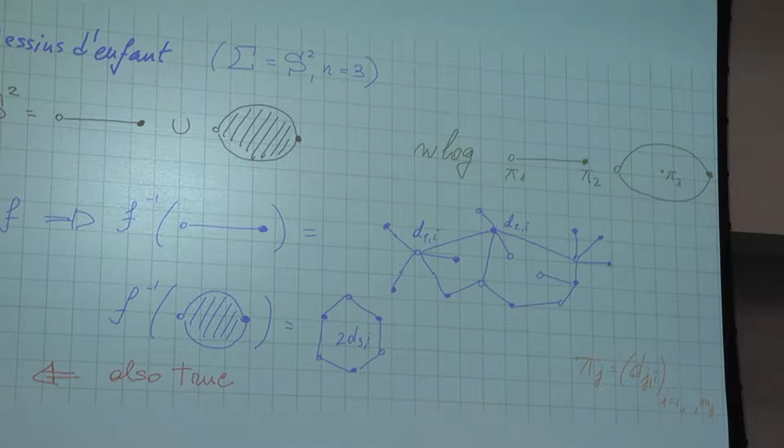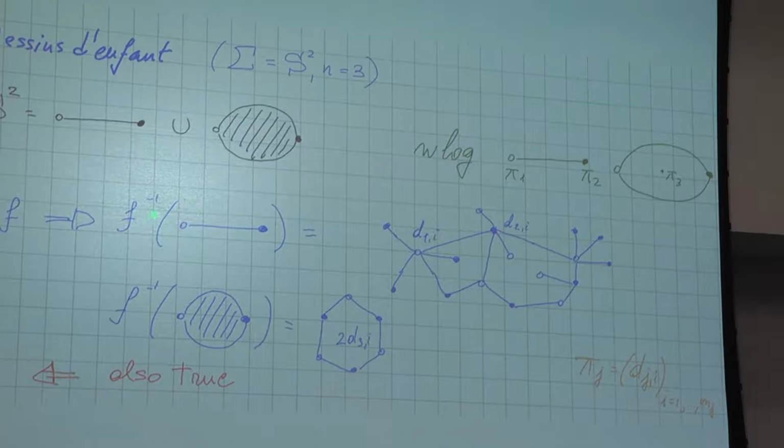Suppose you have a cover realizing some combinatorial candidate. So you have a map F, and without loss of generality, you can place your segment so that the first end corresponds to the branching point with partition pi 1 of d, the black vertex to the branching point with partition pi 2 of d, and the third branching point with partition pi 3 will be the center of the complementary disk.